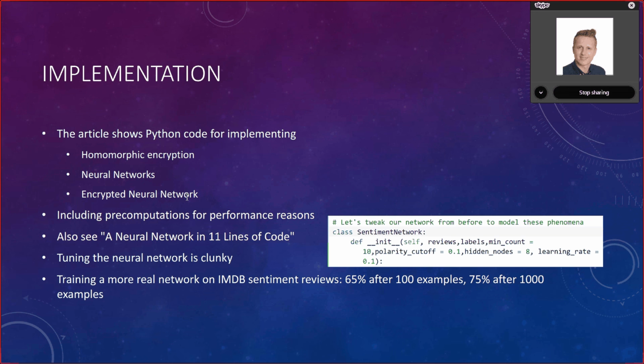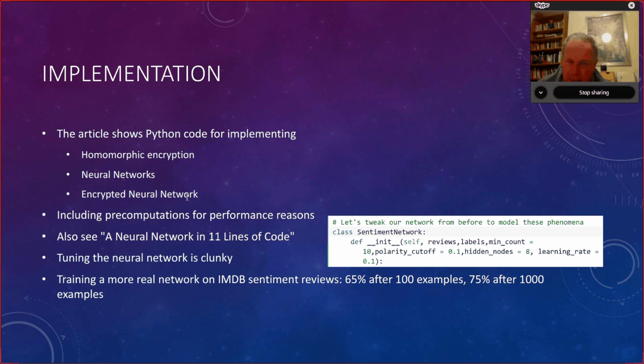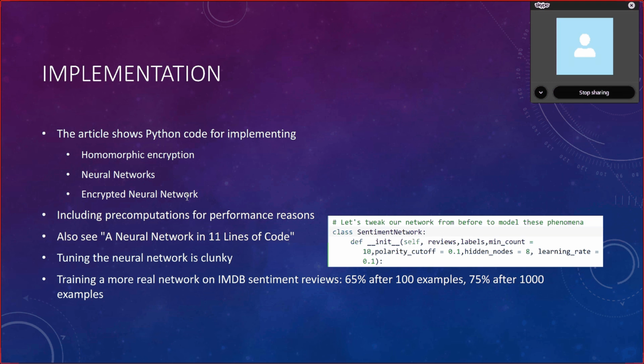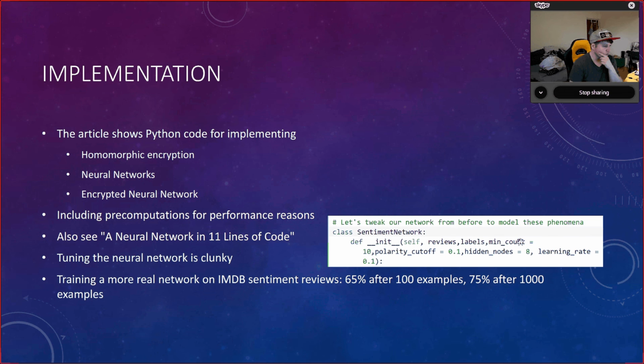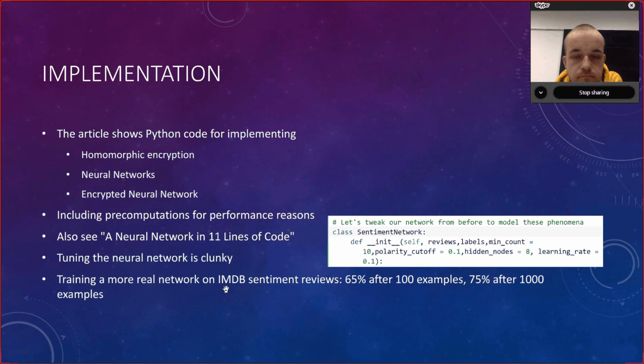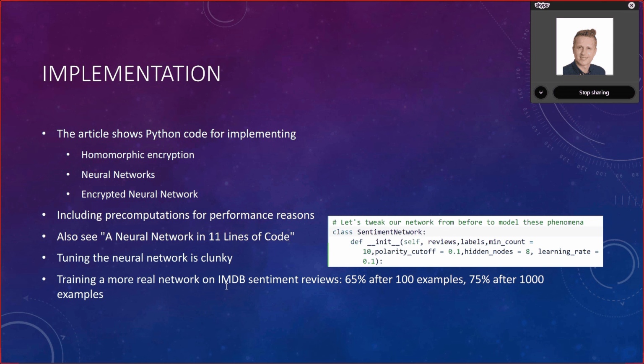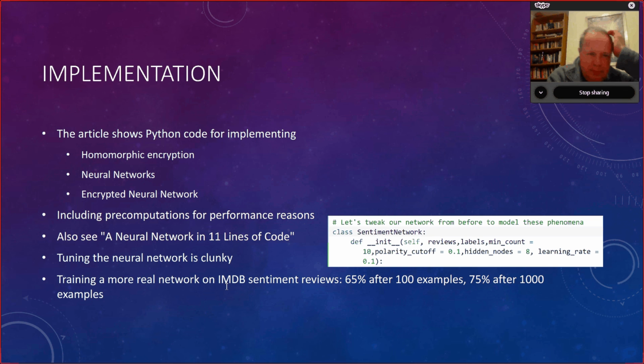There's also one thing you have to do whenever you have neural networks, something called tuning. And Trask writes that it is kind of clunky to do it with this encryption. He tries different ways. I should say first, the real problem that he's looking at is IMDb, Internet Movie Database reviews, looking at the words people use and figuring out which words are positive and which words are negative.